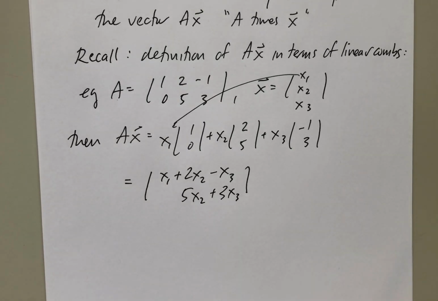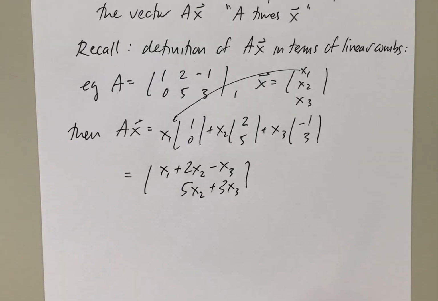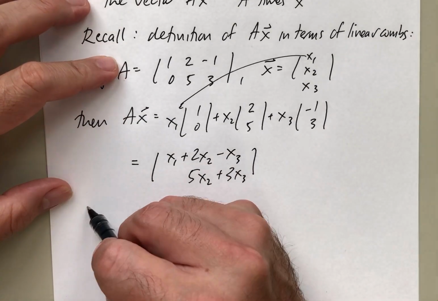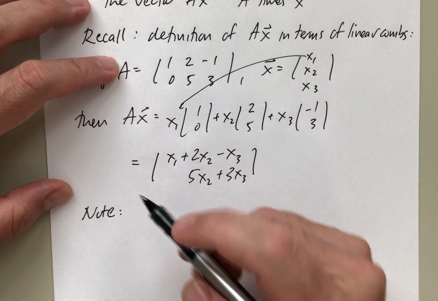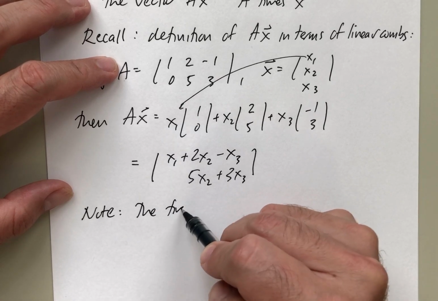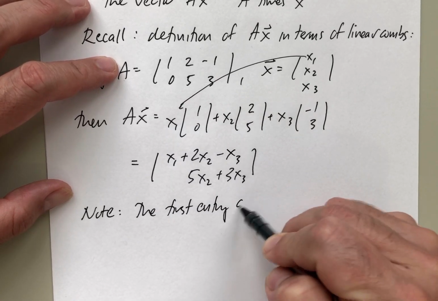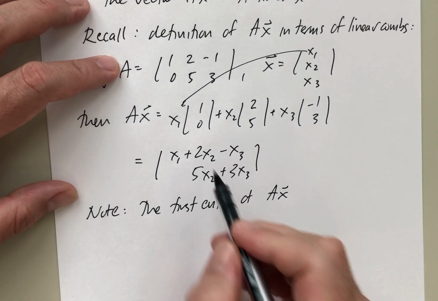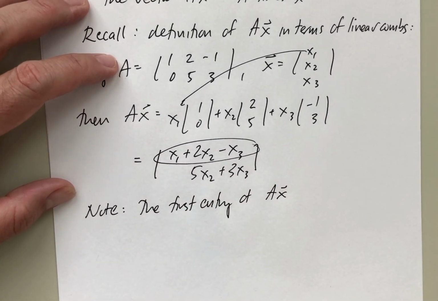Okay, so let's investigate this a bit further and see if there's any pattern, if there's any rule that we observe here. So let me note that the first entry of A times x, so this thing here, what is that?